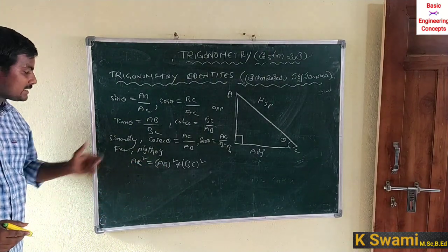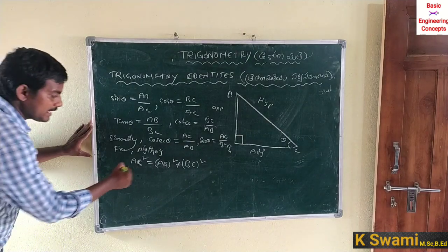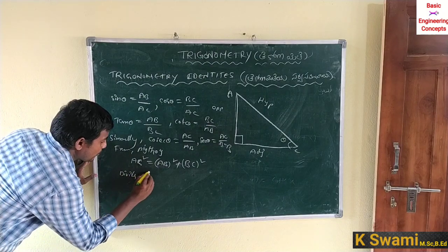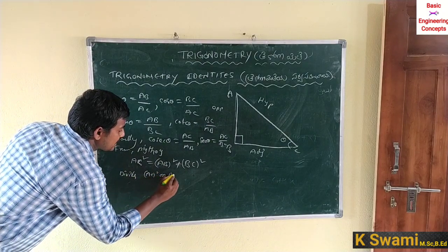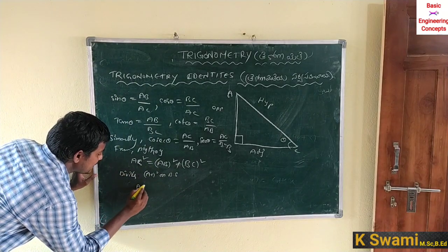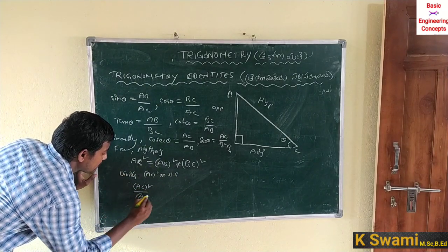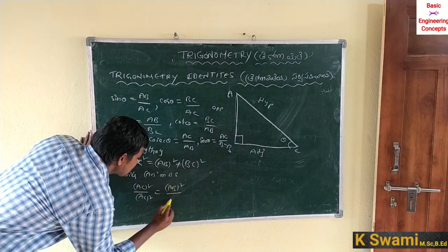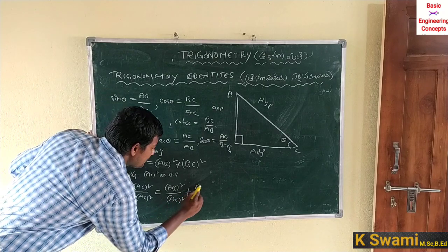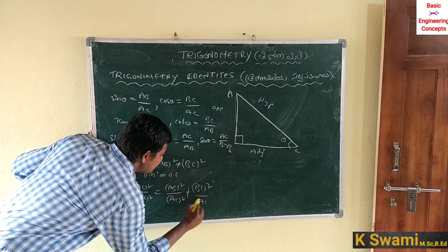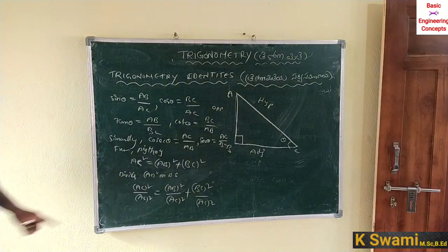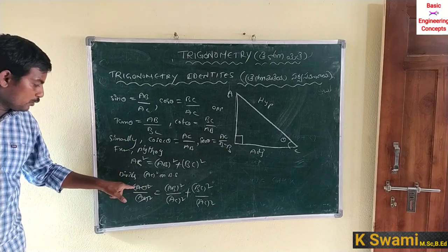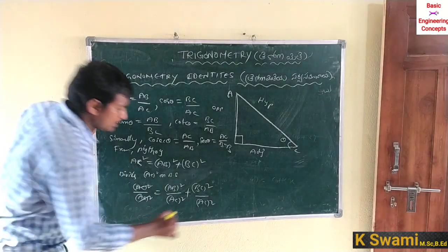So divide AC square on both sides. AC square by AC square is equal to AB square by AC square plus BC square by AC square. In AC square by AC square, the numerator and denominator are the same, so it cancels out and equals 1.